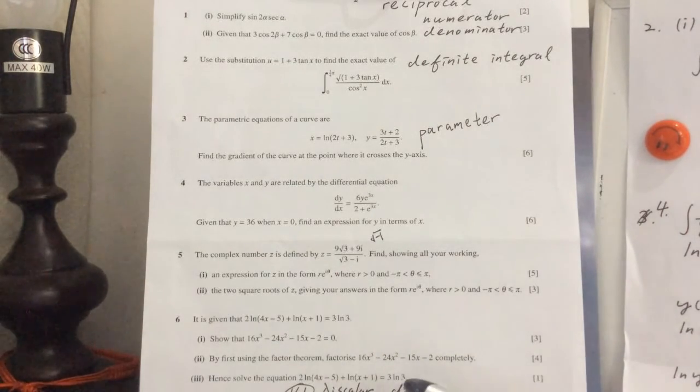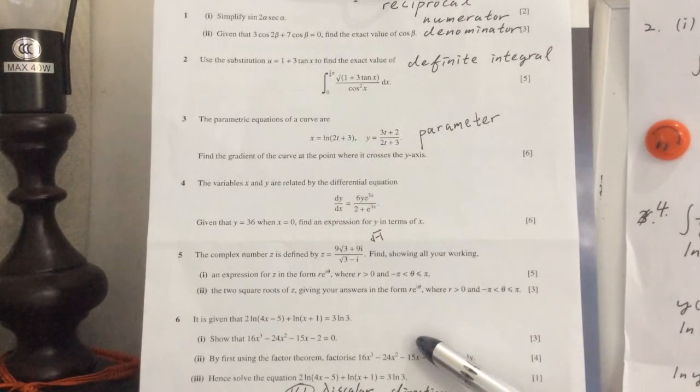So the solution of this equation is given by the solution of the equation in part 1, because we have already proved it. Solving this equation means solving this cubic equation; the solutions are the same.